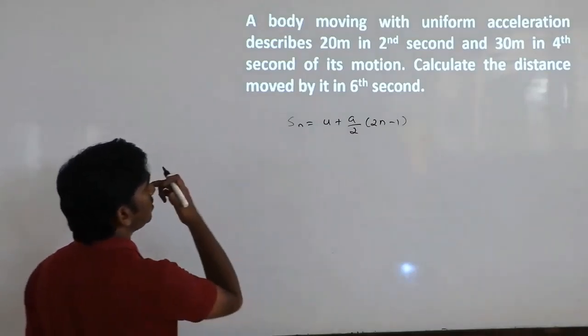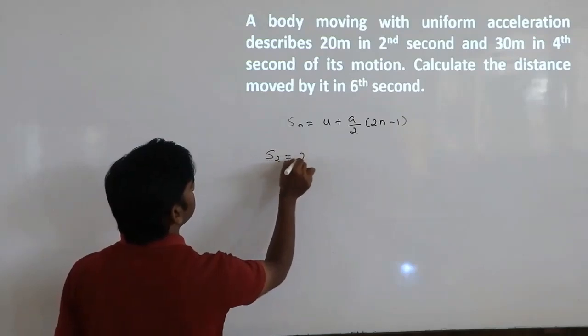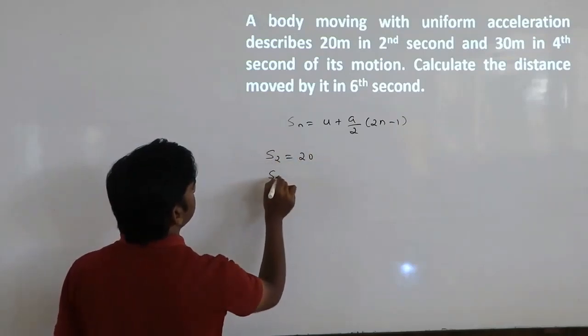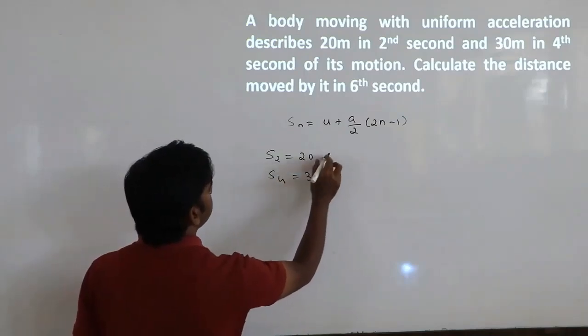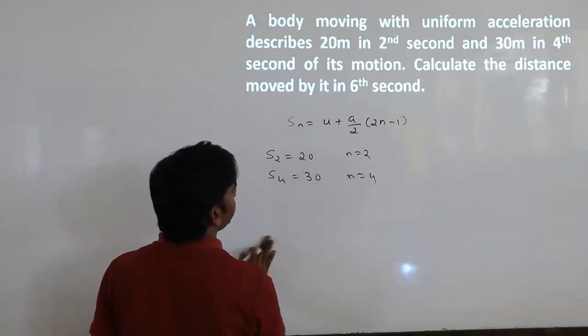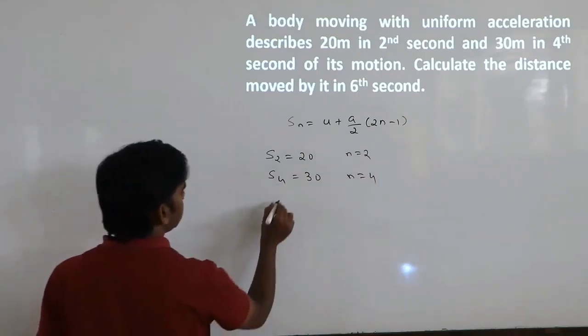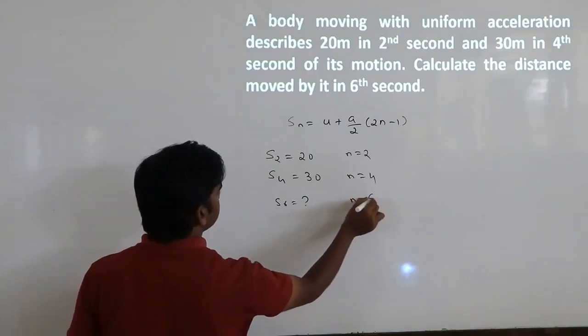What they are saying is S2 is 20 and S4 is 30, which means n equals 2 here and n equals 4. What they are asking for is S6, that is n equals 6.